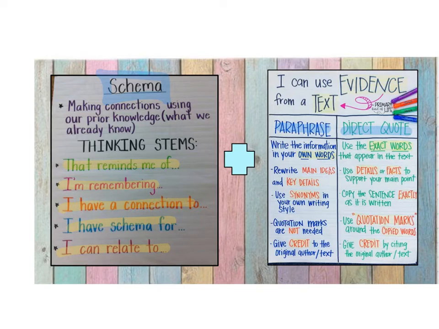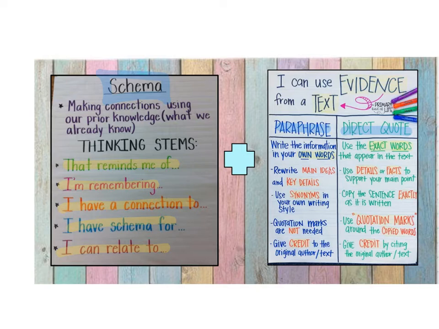A paraphrase is when you rewrite the main ideas and key details, whereas with a direct quote, you use details or facts to support your main points. Paraphrases use synonyms in your own writing style, whereas direct quotes copy the sentence exactly as it's written. Quotation marks are not needed when you're paraphrasing, but when you're quoting directly from a text, you must use quotation marks around the words that you copy down word for word from the text.